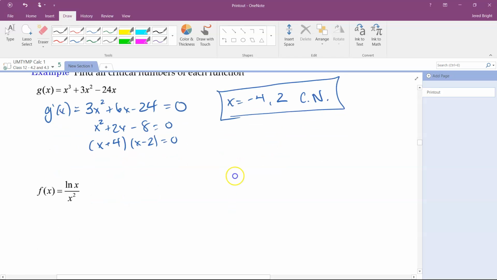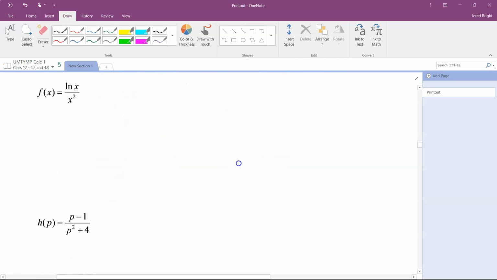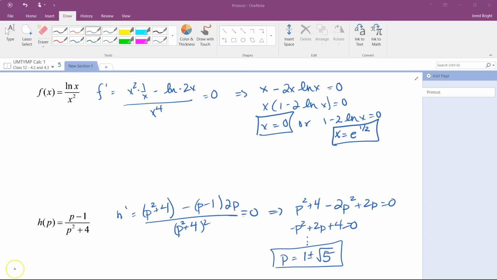Okay, so I want you to try f and h and resume the video when you believe you have found those critical numbers where those maxes and mins may occur. And here we go. Okay, so you can follow the algebra through on your own. However, again, these are all the critical numbers, and just a reminder, these are the values at which we could have a local maximum, local minimum, or a saddle point.